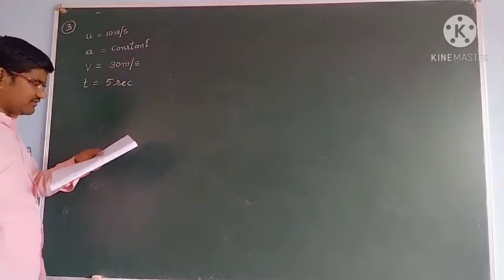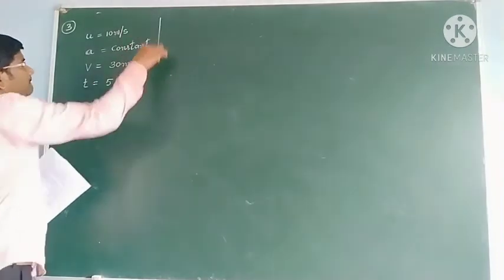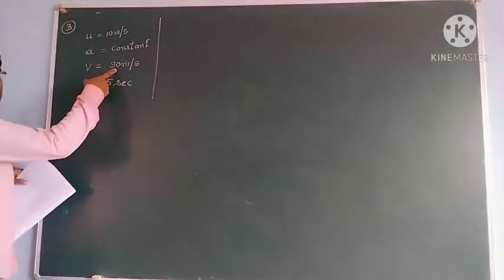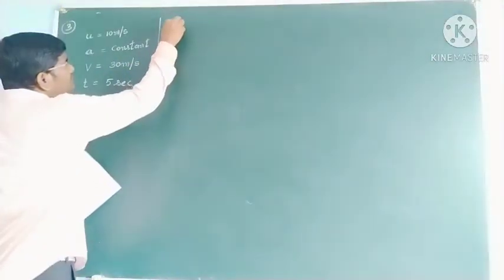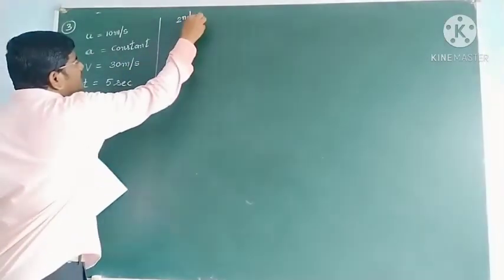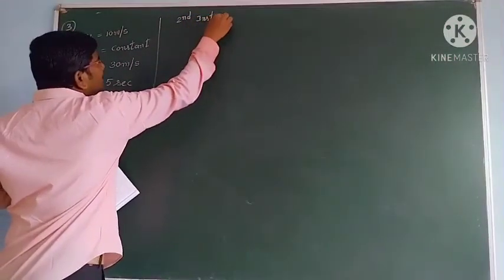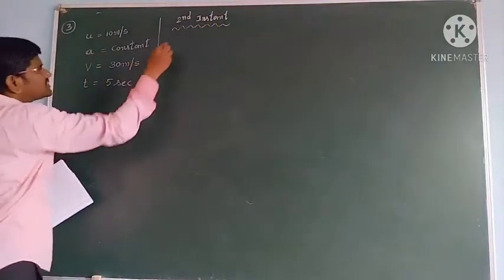Okay students, so this is the given data. Then they are asking the time taken by the particle from here onwards. In the second instant, after 5 seconds, the 30 meters per second velocity is the initial velocity.